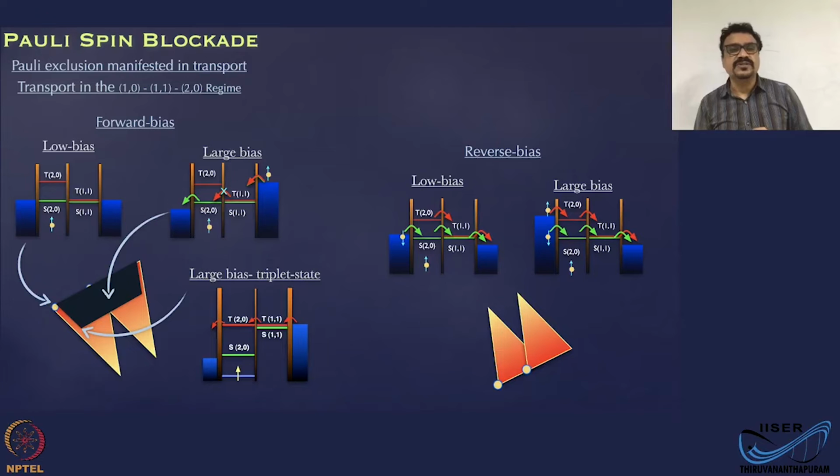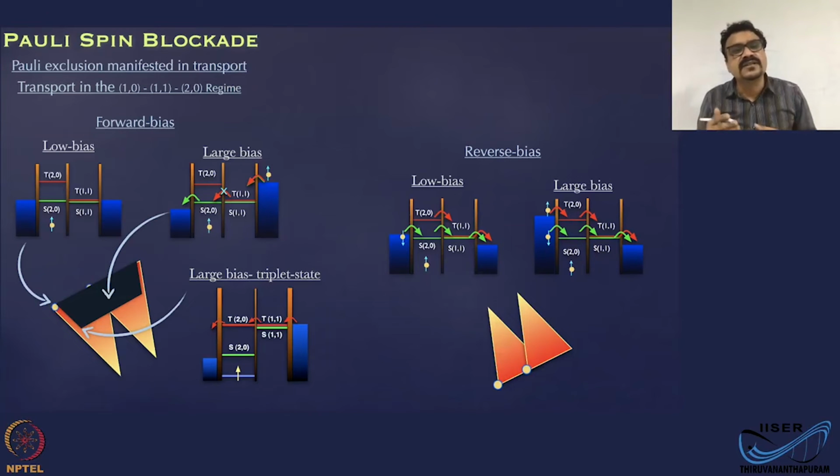That means you are starting from a system with 10, then an electron enters and the system goes to 11, then that electron moves to the second dot, in our case from right to left, and goes to 20, then finally that electron will tunnel out, then you will be back to the 10 state.